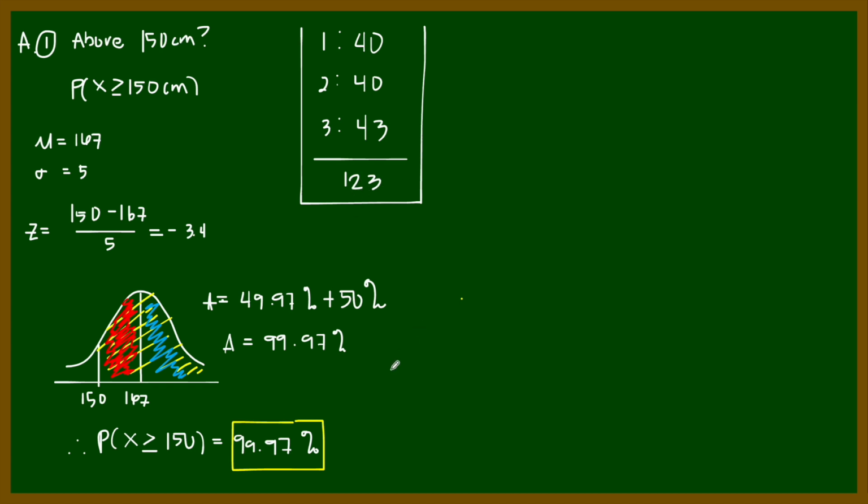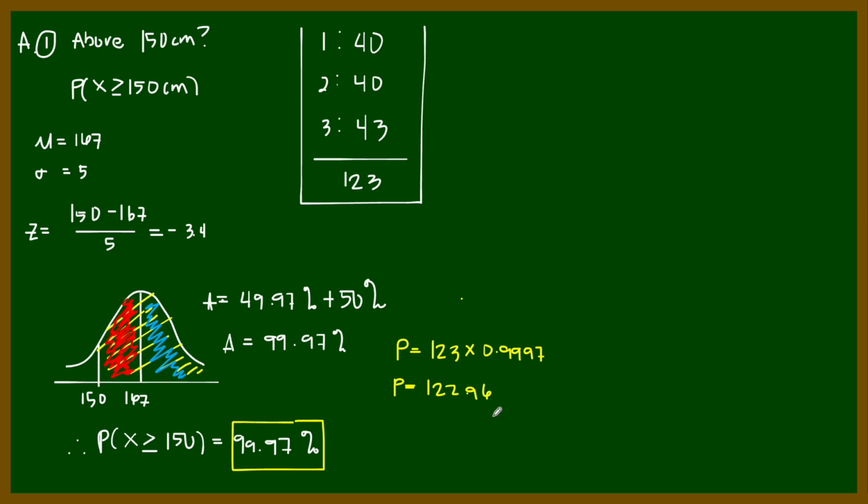So that is, we will denote P as the total number of students, 123 times 0.9997. We will obtain 122.96.